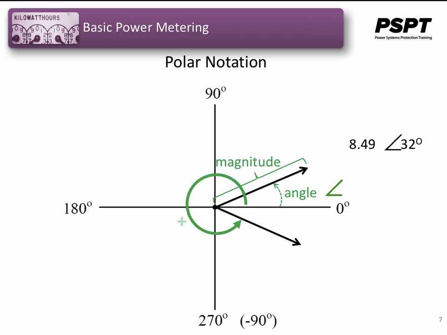Note that all phasor angles represented in polar form can be positive when measured counterclockwise from the horizontal, or negative when measured clockwise from the horizontal. For example, a phasor angle of 270 degrees straight down can also be said to have an angle of minus 90 degrees.